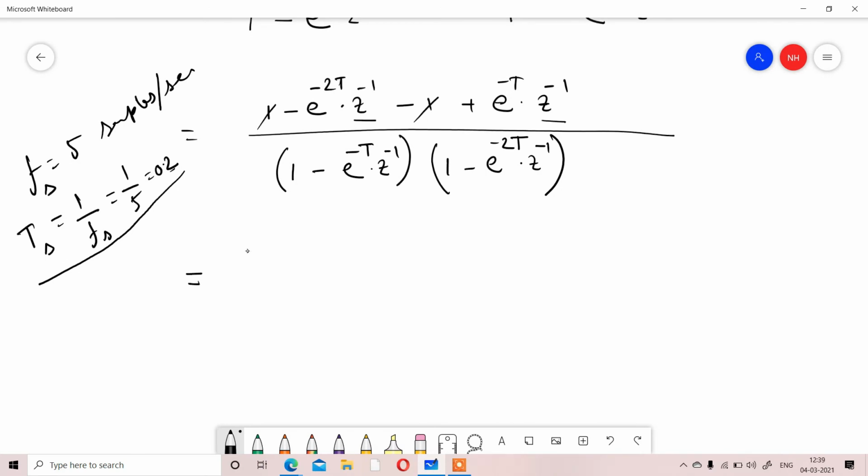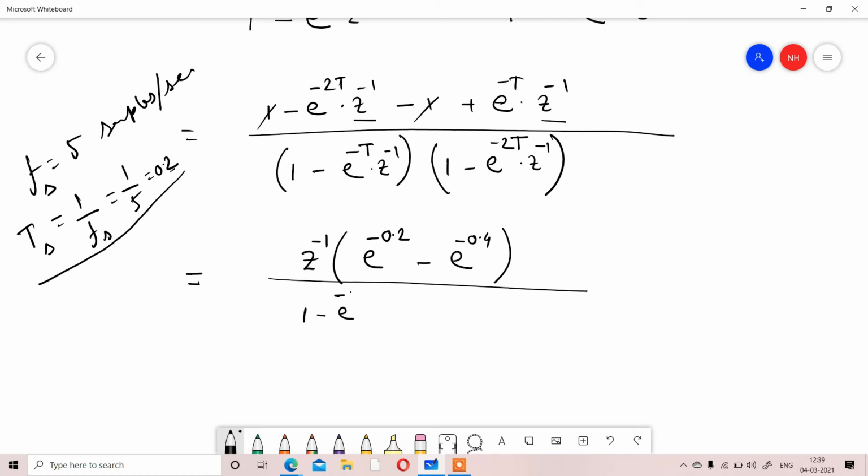We'll make z common from here, so z to the power minus 1, what we are getting, e to the power minus t, or simply the value of minus t is 0.2, minus e to the power minus 2t, means minus 0.4, and here 1 minus e to the power minus 0.2 z inverse, and 1 minus e to the power minus 0.4 z inverse. Okay, so that is your result.